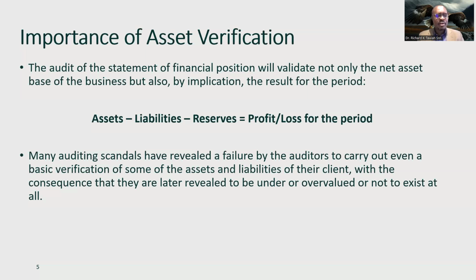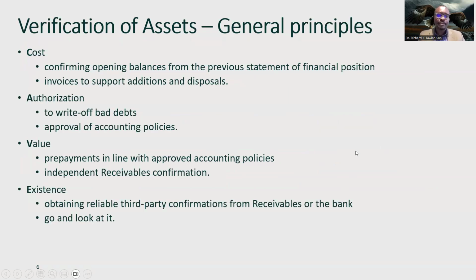Many auditing scandals have revealed the failure by the auditors to carry out even a basic verification of some of the assets and liabilities of the company. And the consequences, we know what happens with auditor liabilities. Okay, they end up either undervaluing, overvaluing, or not even disclosing these at all, which is a very serious crime.